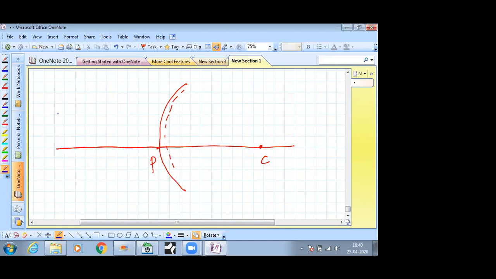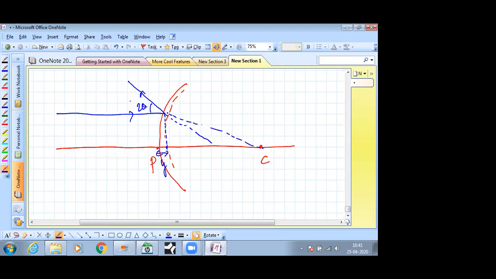So that was over here, and after reflection it became something like this. So this angle was 2 theta, and we produced this back and all that. But now we are actually interested in this. We dropped a perpendicular here, and we are interested in this distance. Okay, so this distance is our y, and as you can see, it will become PC minus this quantity.